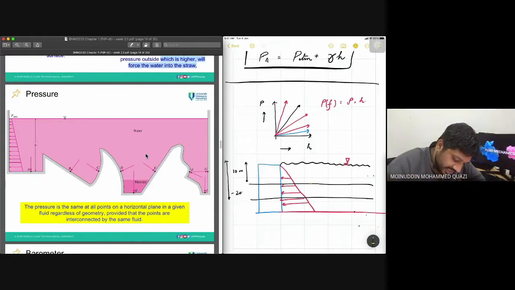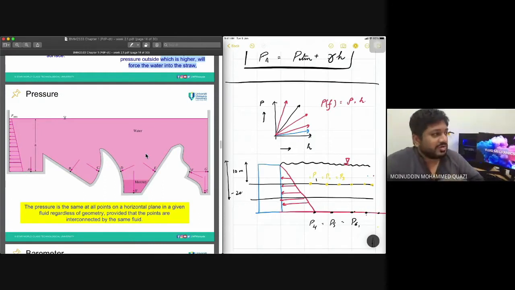So the pressure at 10 meters is going to be the same: P1 equals P2 equals P3. Similarly, the pressures at 20 meters on the surface are the same: P4 equals P5 equals P6. So pressure varies only with respect to height, but does not vary along the horizontal surface.